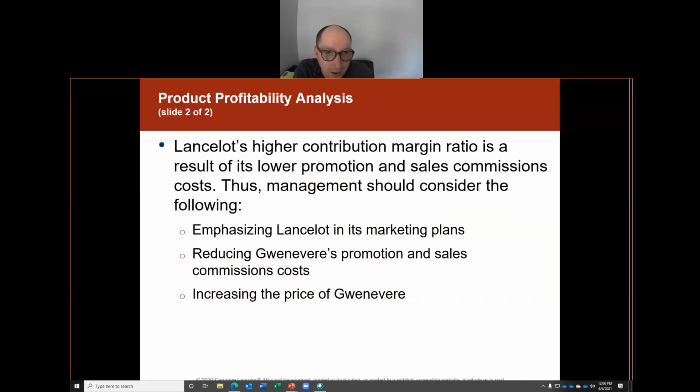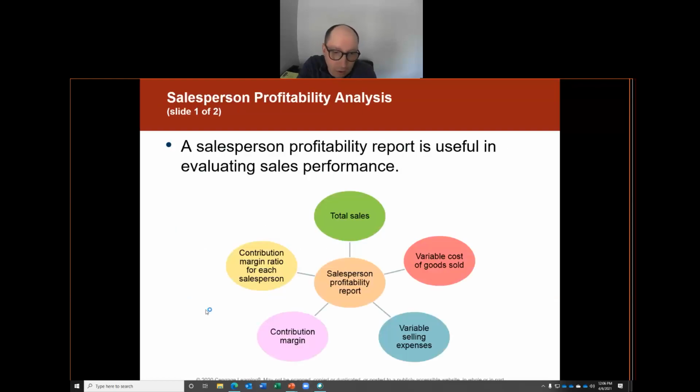Based off of the trends that we see on those types of reports, we can consider things like marketing plans, promotions, which means advertising, sales commissions, costs, and pricing. All of these things together help us to identify profitability.